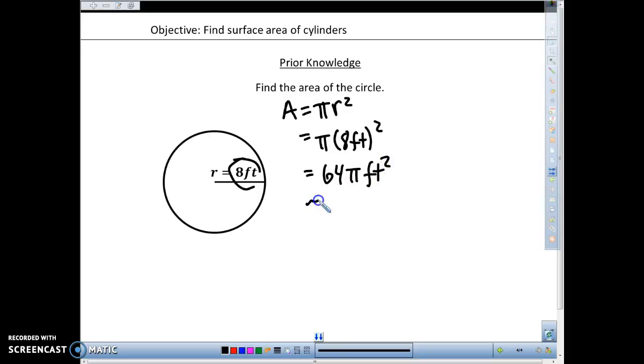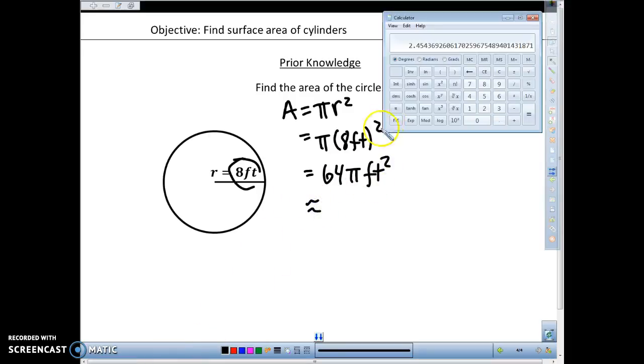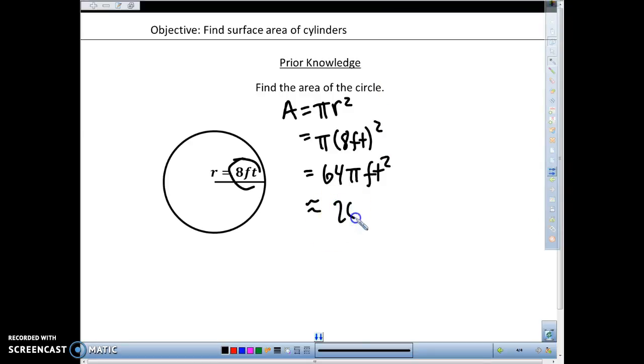In order to be approximate, we're going to calculate this value by plugging in to our calculator and computing 64 times pi, which is approximately 201.1. We'll round to the nearest tenth. So the area of this circle with a radius of 8 feet is approximately 201.1 square feet.